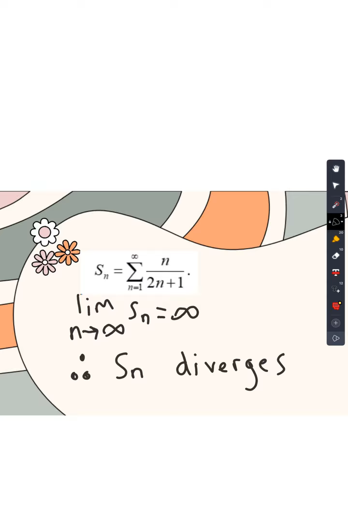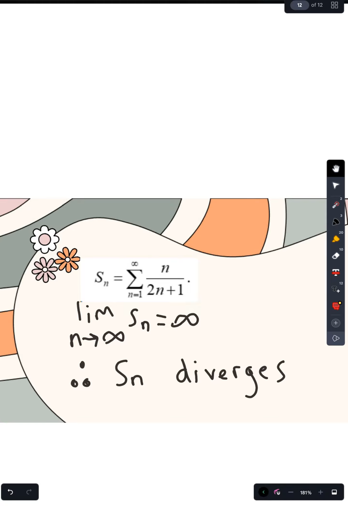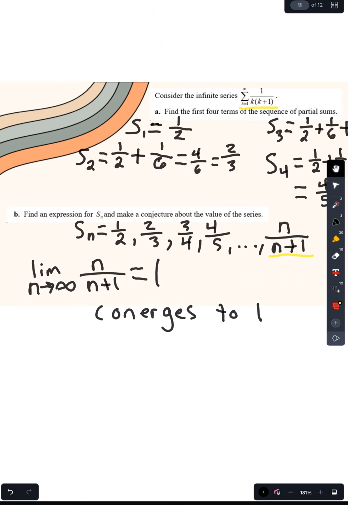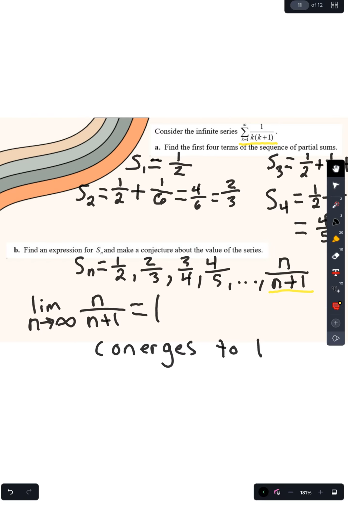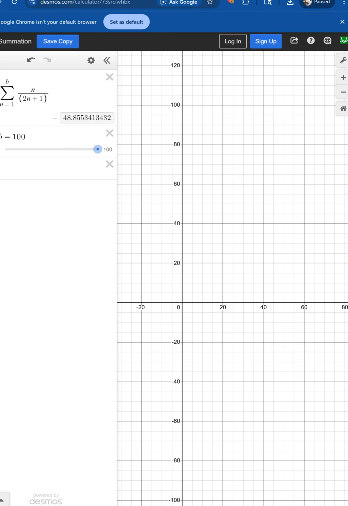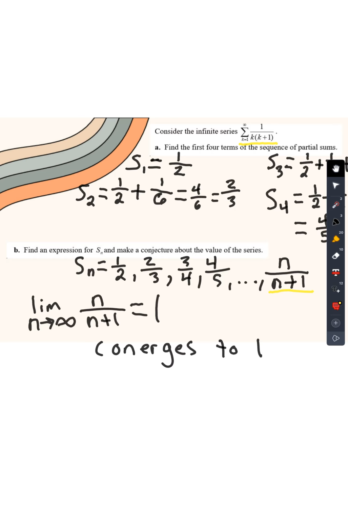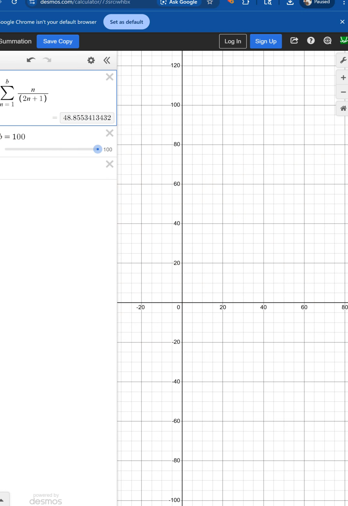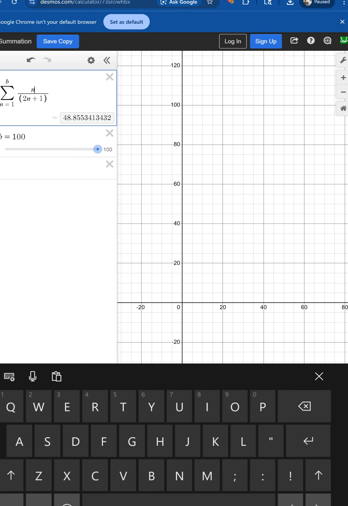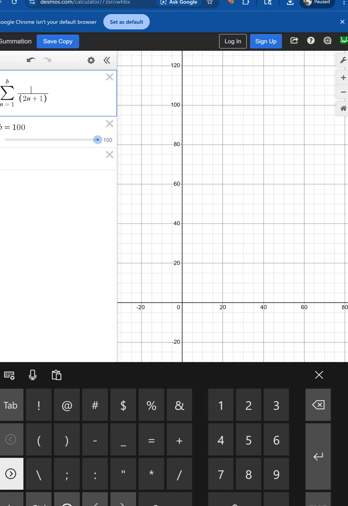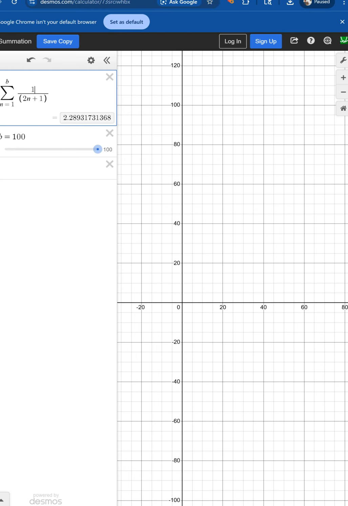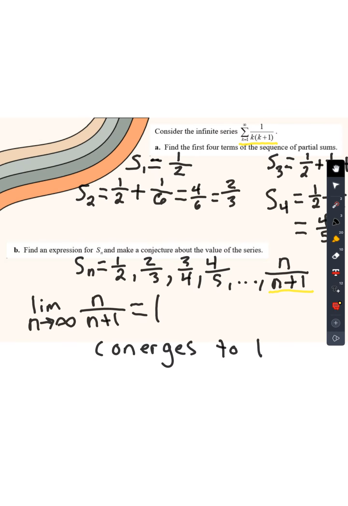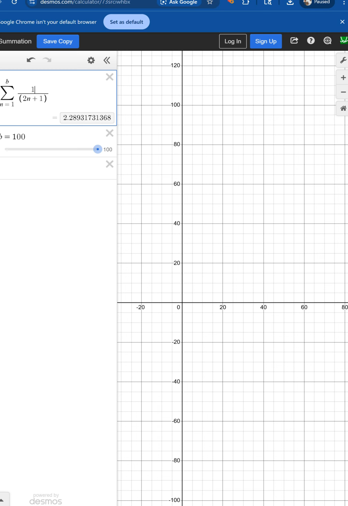If we wanted to, just to see what it looks like instead, the last one that we did had a 1 on top, and it was k times k plus 1.